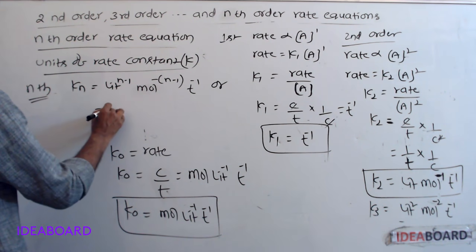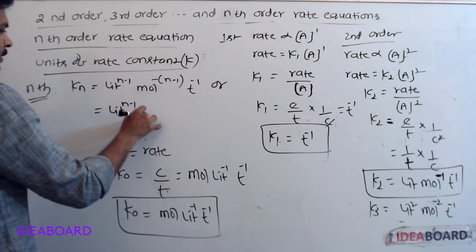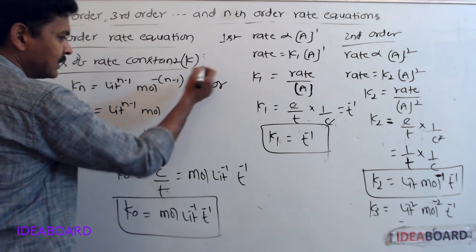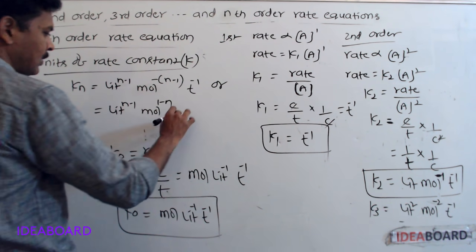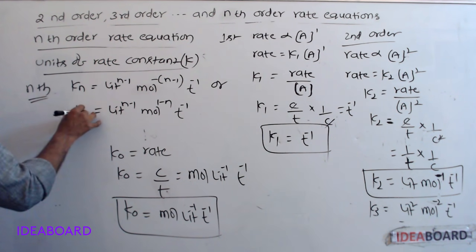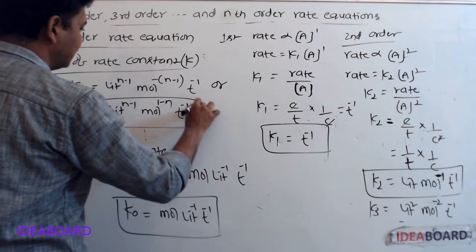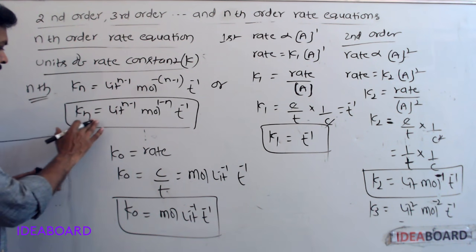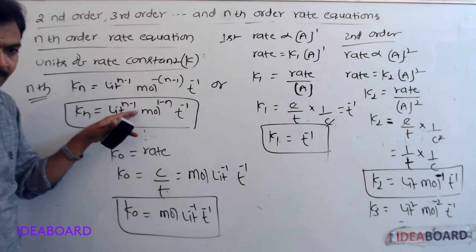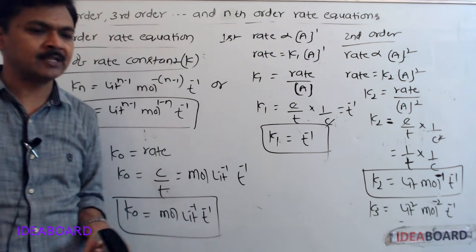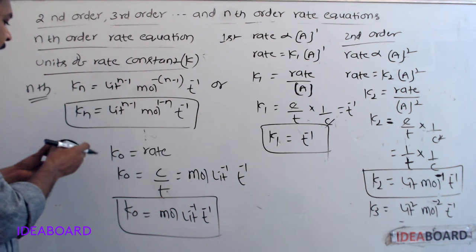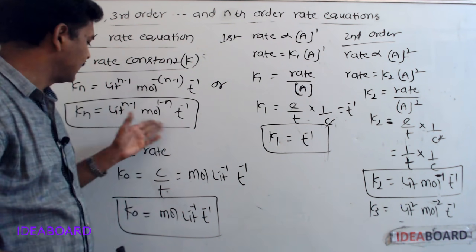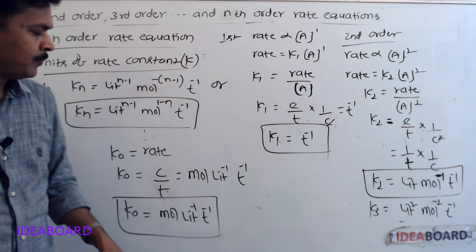Or we can write mole power 1 minus n. So nth order reaction rate constant units: liter power n minus 1, mole power 1 minus n, time inverse. By putting n value, we can write units of rate constant for different orders of reactions.